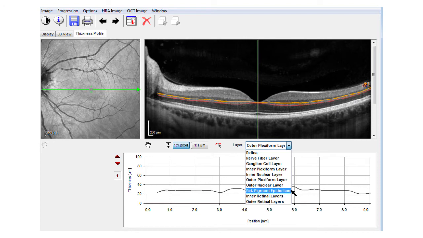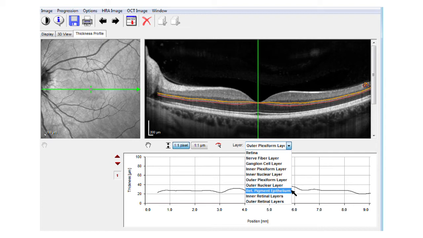Today, of course, the situation and the resolution of the OCT is much different, because more or less each device has its own software which is able to recognize, identify, and then quantify each retinal layer.